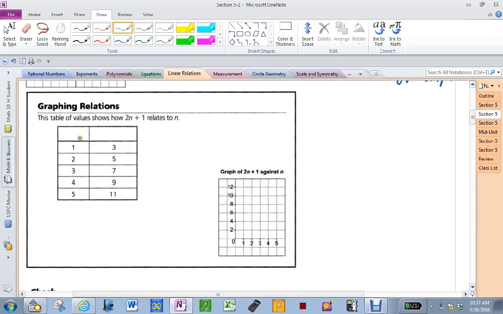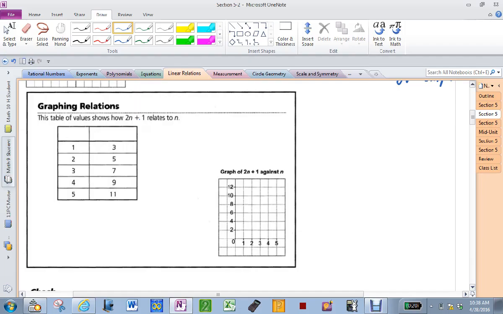So what I have here is I have n and 2n plus 1, don't I? Right? Which one of those is my input? Which one do I decide to start off with? N or 2n plus 1?